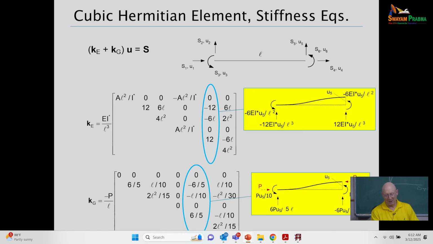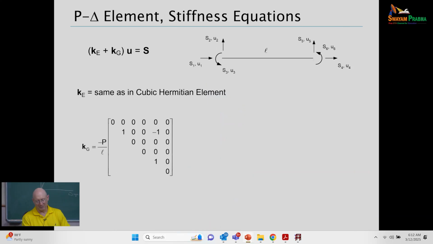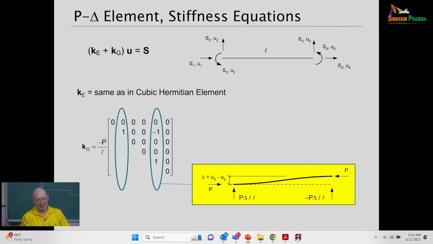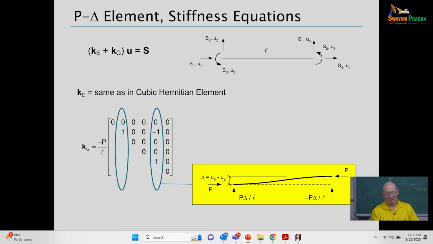We've got a P over 10 in the third row, fifth column of the matrix, and in the P large delta, it's 0. So we're only picking up a P large delta here. That can make it easier to implement. You just slap an easy geometric stiffness matrix on what you're working with, a traditional matrix analysis code.